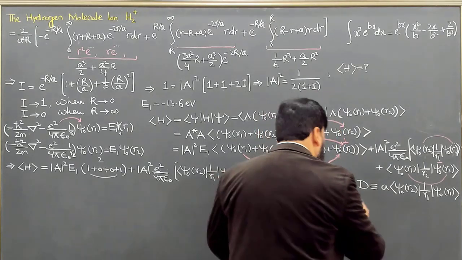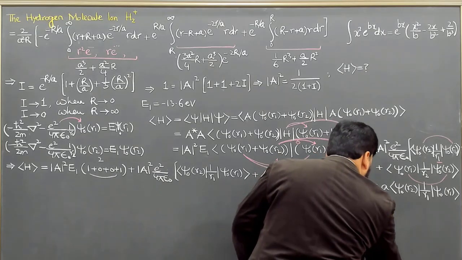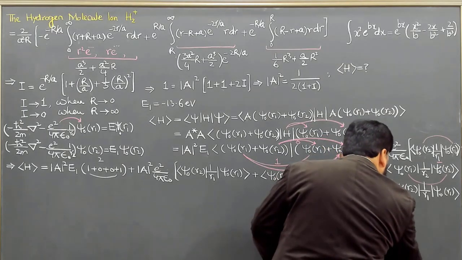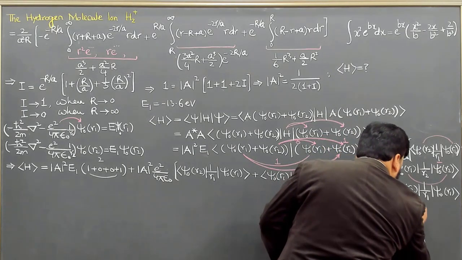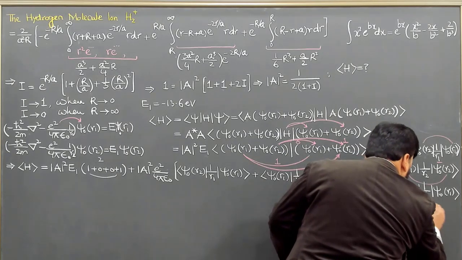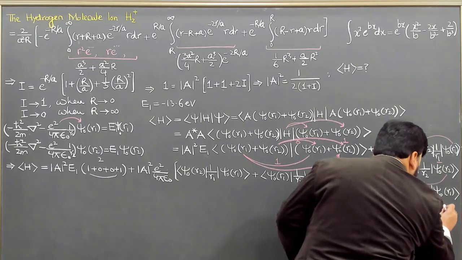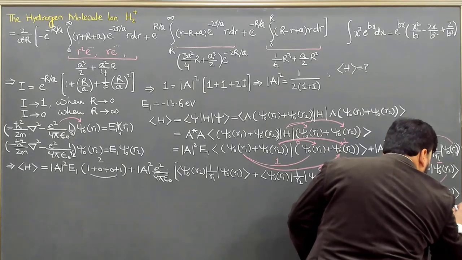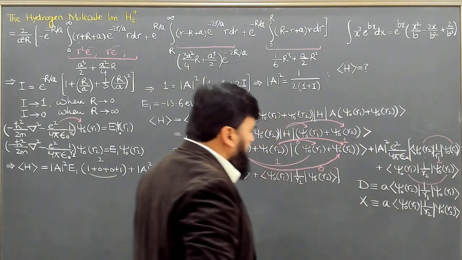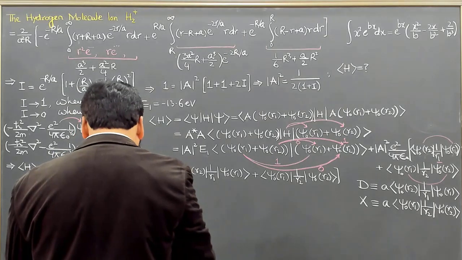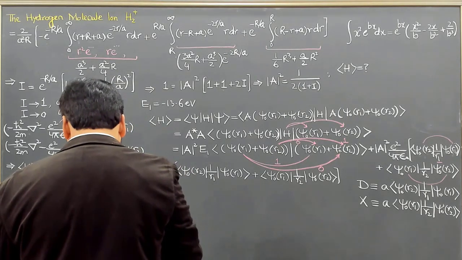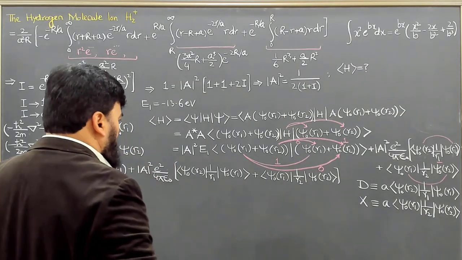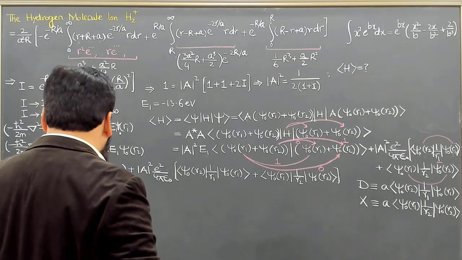And another we write x, and x we define the other one, also with a psi naught r1, so 1 over r2 here, and psi naught r2 here is this. So we have defined two parameters here, d and x, and we will solve this d and x here.